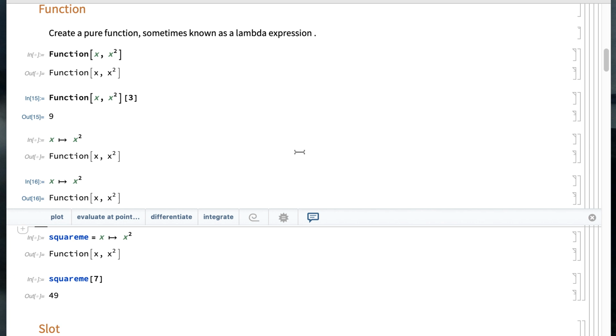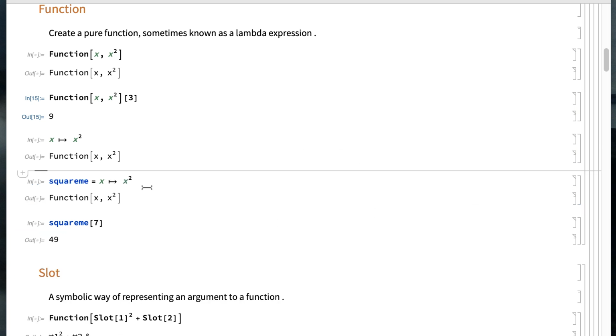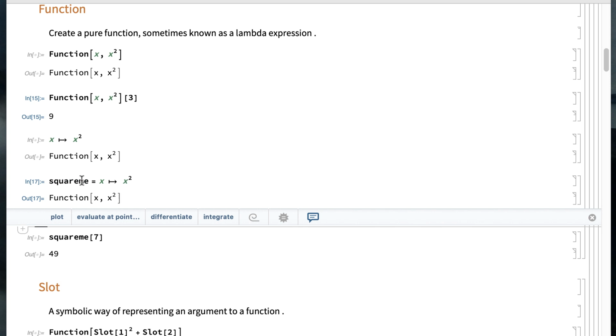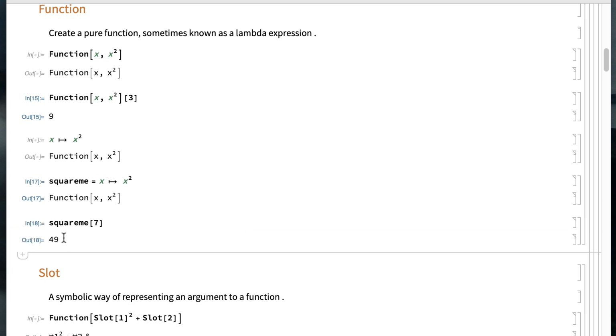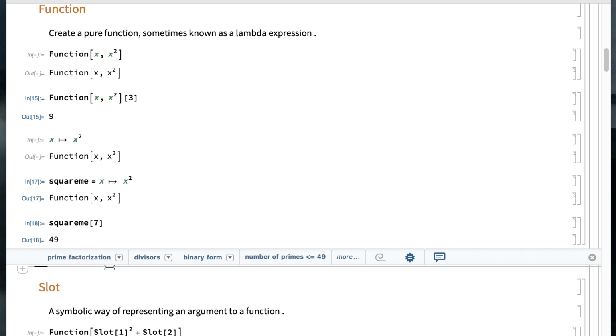Okay, so that's how you make it. And you can assign a function a name. You can say, from now on, squareMe is the function x goes to x squared. And so if I now say, what is squareMe of 7, you can use it like any other Wolfram language function. So that's Function.